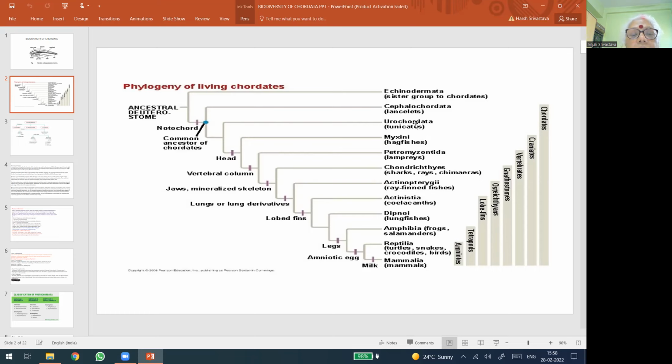Then are the gnathostomata, another group of phylum vertebrata, phylum chordata, you can say, that includes the two major groups again.